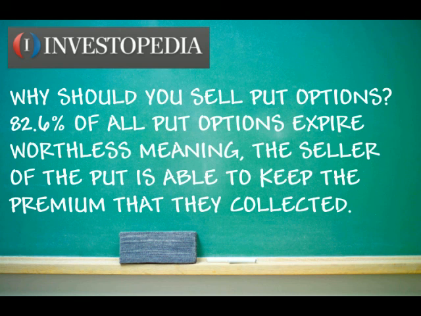That number also factors in people who just cross their fingers and throw a trade out there and say, "Wow, I got to keep that premium this time." People who blindly trade, not really knowing how to sell a put option. So my belief is that that number would be a lot higher than 82.6%.